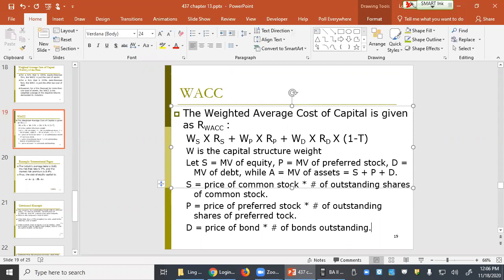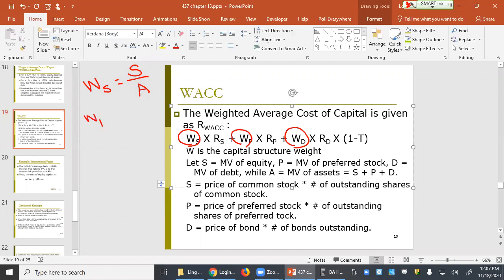And now let's go back and solve for the capital structure weights, which tell us the proportion of the money of the company that's actually financed through that type of asset. To solve for the capital structure weight for common stock, you take the market value of common stock, notated by S, divided by the market value of assets. Very simple calculation.